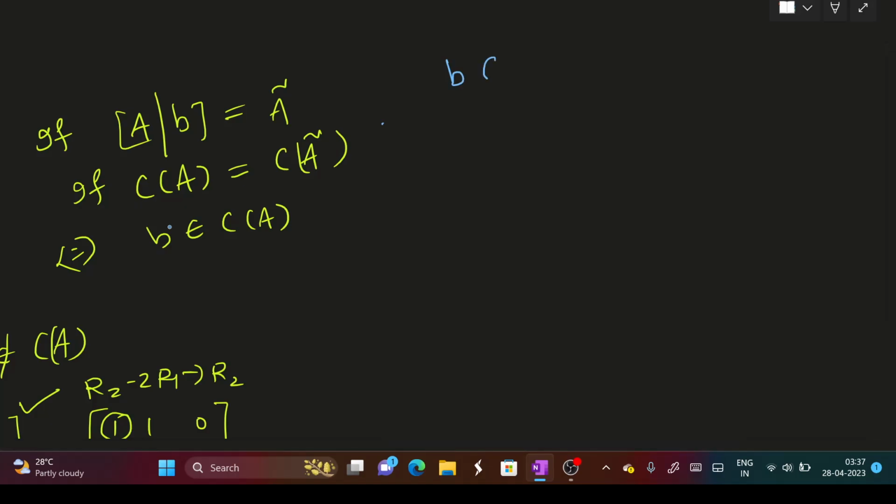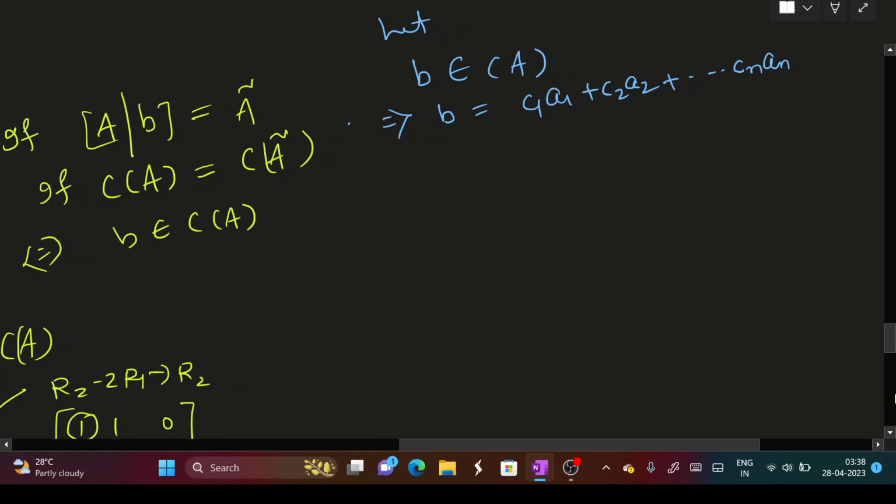So let B belong to C of A. That implies B is equal to C1 A1 plus C2 A2 and so on up to Cn An, where A1, A2, A3 are the column vectors of A, and B is a linear combination of columns of A. So the first column is multiplied with C1, the second column multiplied with C2, and likewise the nth column is multiplied with Cn to get B.